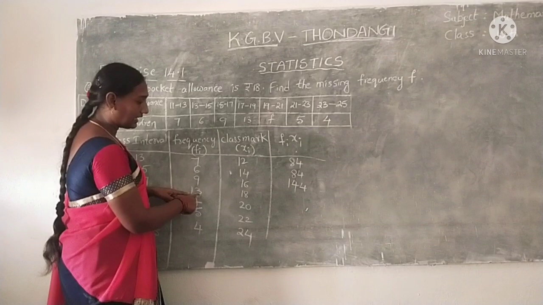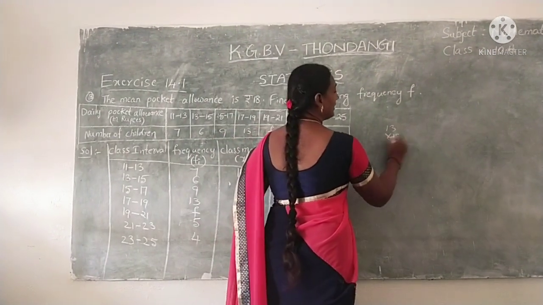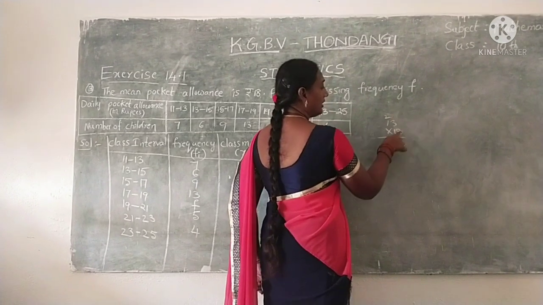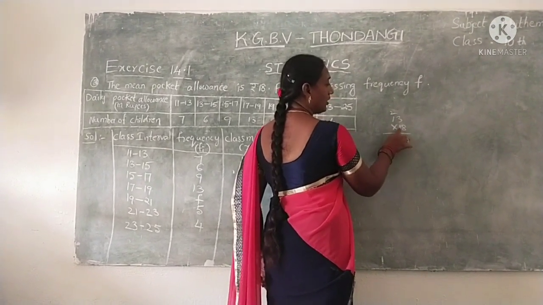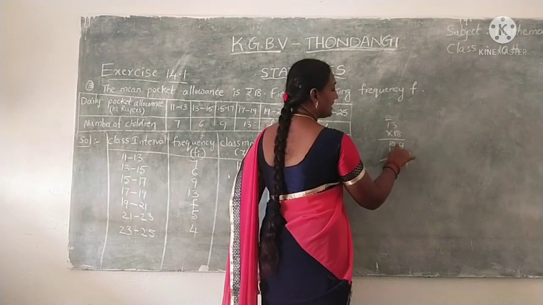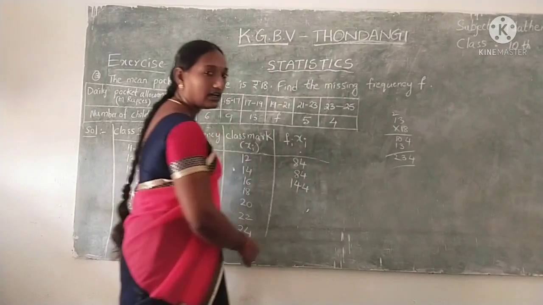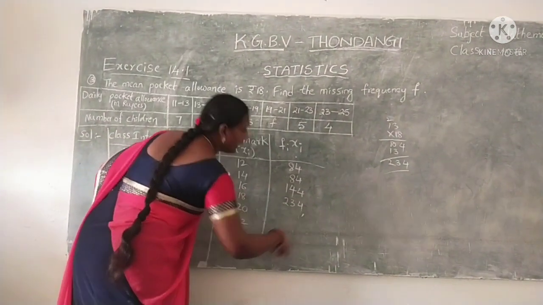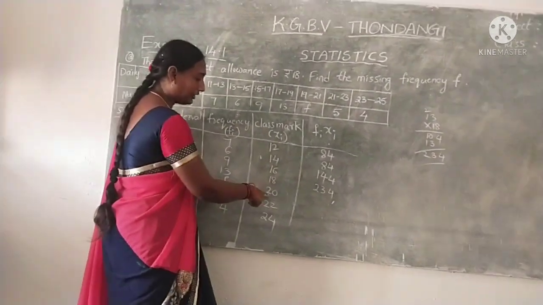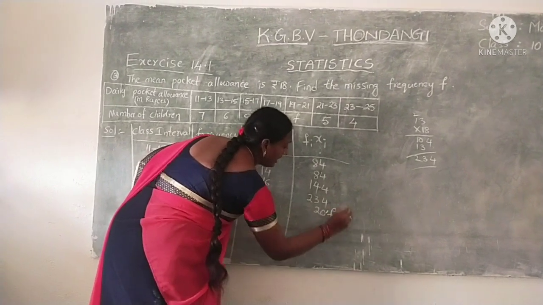Next, 13 18s are 234. Next, F into 20, 20 F's are 20F.